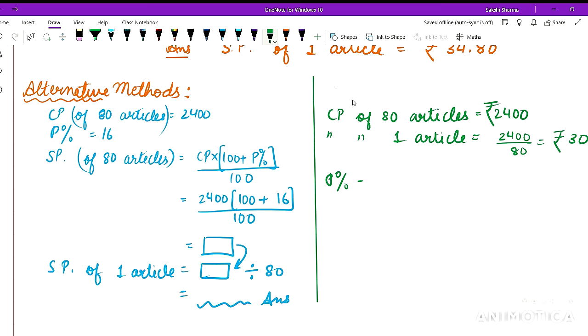Profit percentage is given as 16. So if you want to find out profit in rupees, what you will do is you will combine this percentage of profit with the CP. So I'll just write down the formula here before I apply. So you can use this formula and then work out the profit.